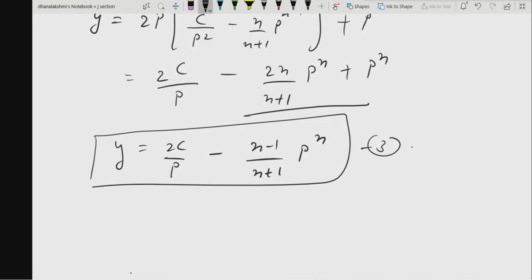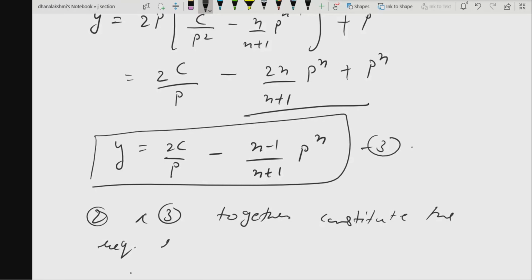Since you cannot eliminate p from the solution you have obtained after differentiating, these two relations, 2 and 3 together, constitute the required solution of the given differential equation. I hope all of you understood these things. Yes, ma'am. Okay, so this is how you have to solve it.